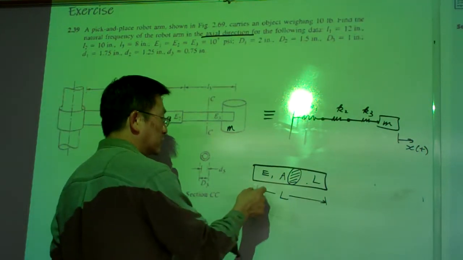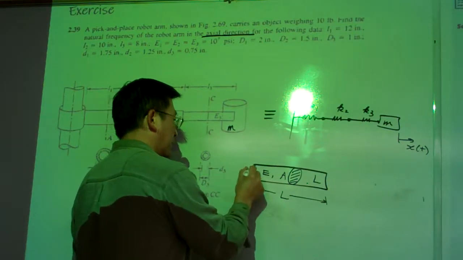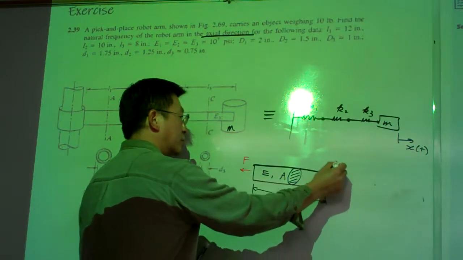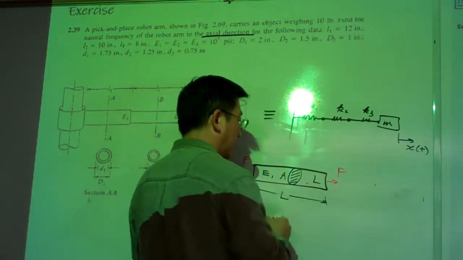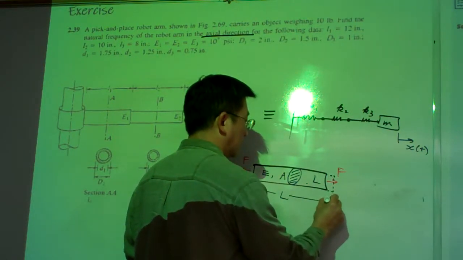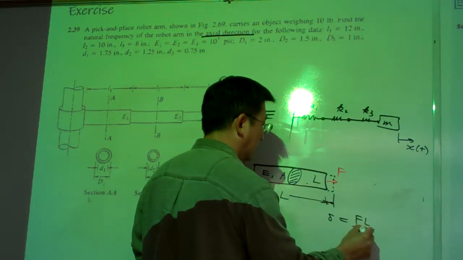So under this case, if we have a loading something like this, again from mechanics of materials, we know that the deformation delta is equal to FL over EA.